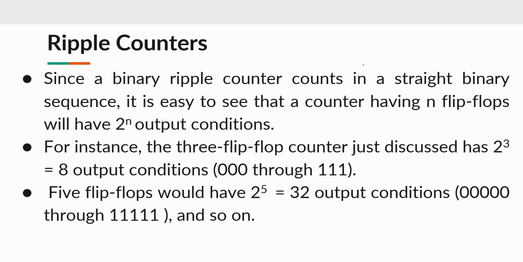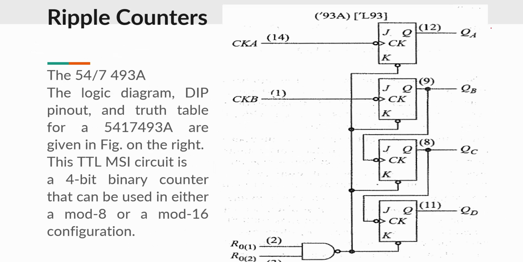Now we can consider this particular implementation. This is an IC, and this is the block diagram representation for this particular IC. This particular IC will act as mode 8 or mode 16. This is a circuit implementation. Sometimes it will act in mode 8 fashion or it will work in mode 16 fashion based on the clock pulse.